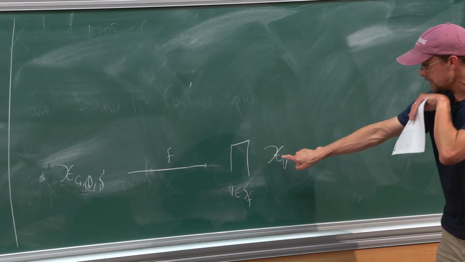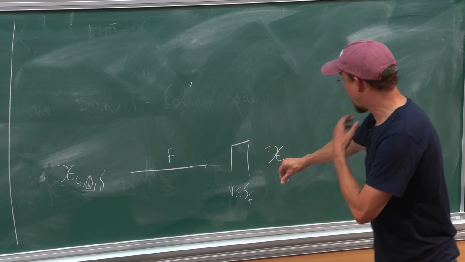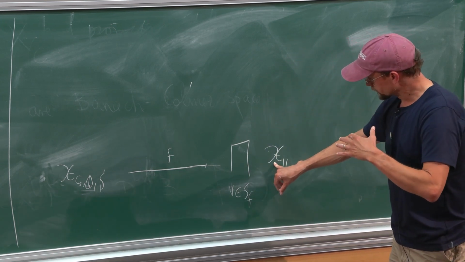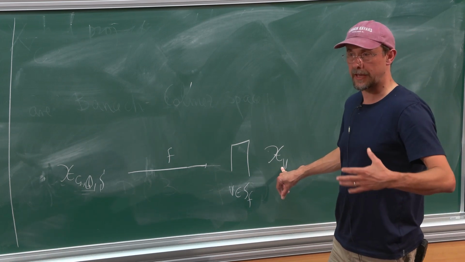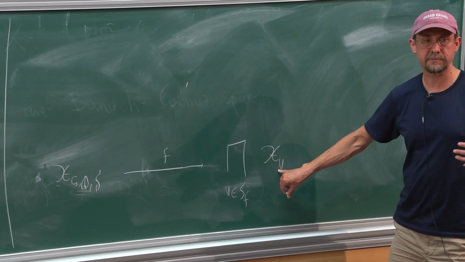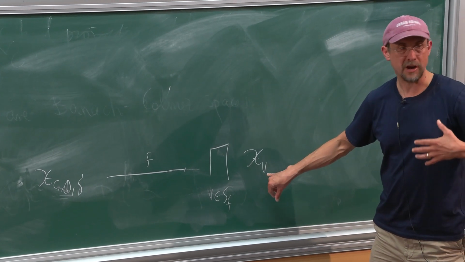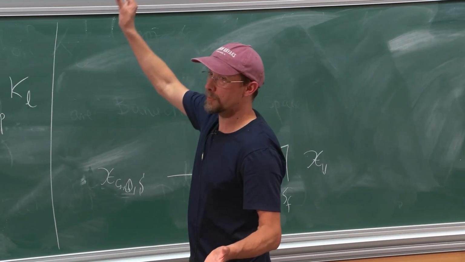So this X_v means the stack of Langlands parameters for, well, if v is different from p, I think Eugen explained this in his talk. So it's the Langlands parameters for the local Galois group at the prime v. And when v equals p, it's going to be what Toby explained.